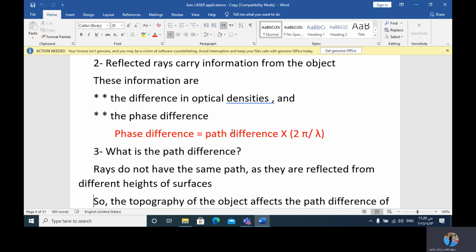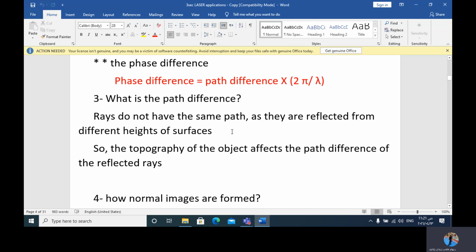So we need now to understand what is the path difference. What is the path difference? Rays do not have the same path. Why is this? Because there is a little bit of difference between each ray, depending on the topography or the surface or the curvature of the object itself, as they are reflected from different heights of surfaces.